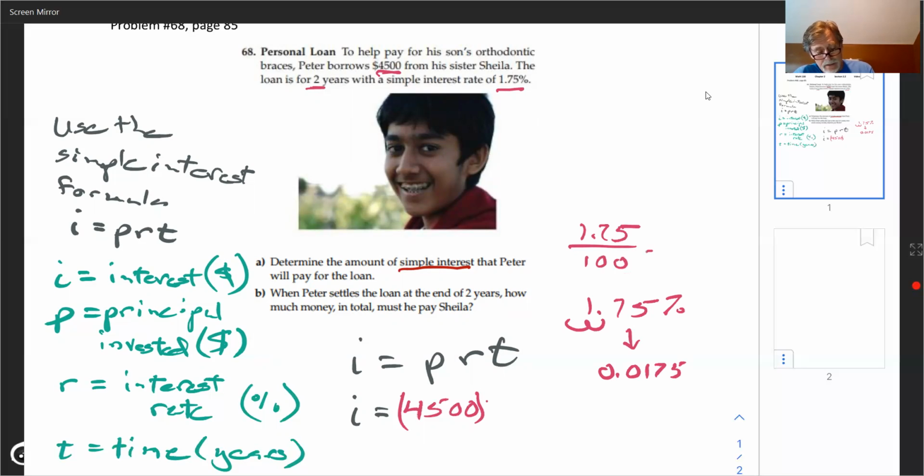That's what it really means. And so you take your calculator, 1.75 divided by 100, you get 0.0175. Very common mistake to forget that. You get excited in the heat of battle. And then, of course, T is time, and you can see in the problem 2 years.